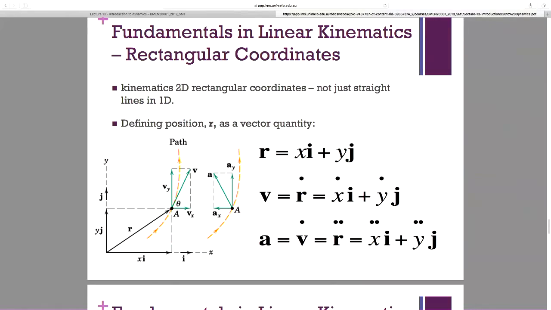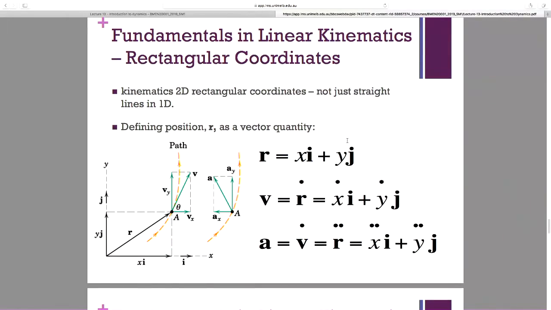So what I just covered before was for one-dimensional relationships. In 2D, it's not too different. Here, R represents a position vector, and the X and Y are components of that position vector. And the I and J are your vector indices, right? The X, Y direction. The dot on top of a bold letter is typically denoted as a time derivative.